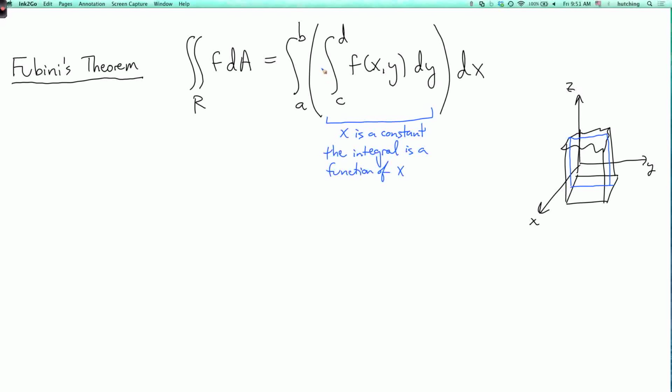And that depends on x. For different x, our slices are going to have different areas. So this whole thing in parentheses is a function of x. And now you integrate that function of x over x as x goes from a to b, and that's the whole thing.